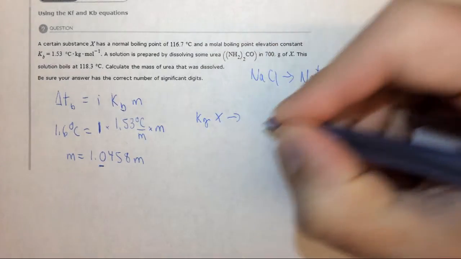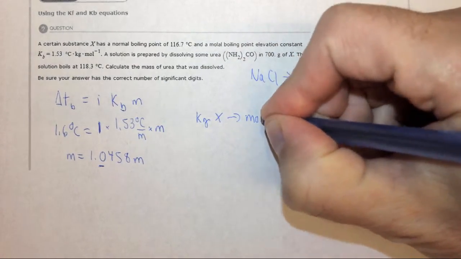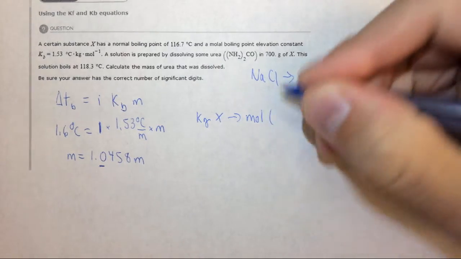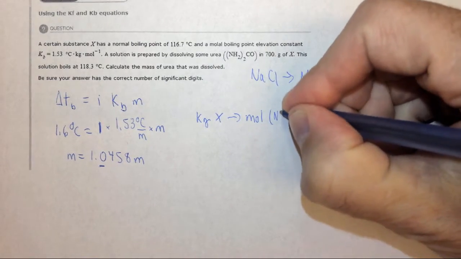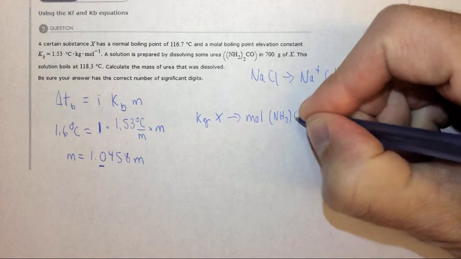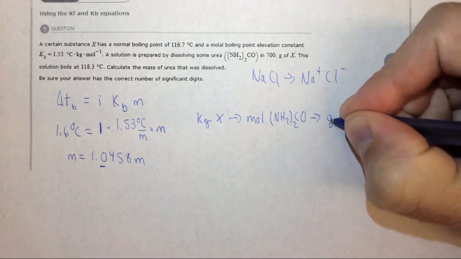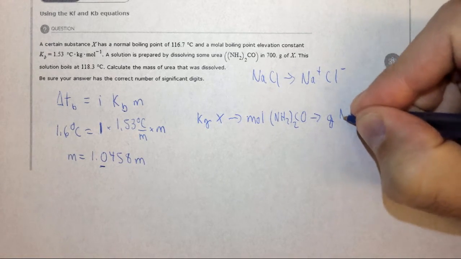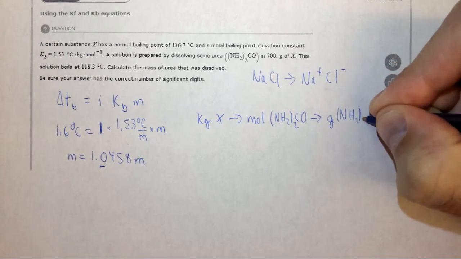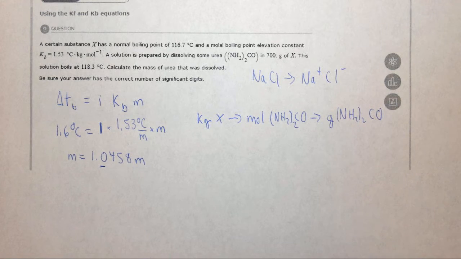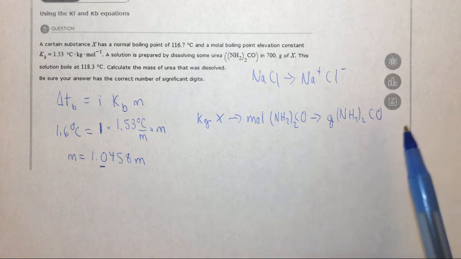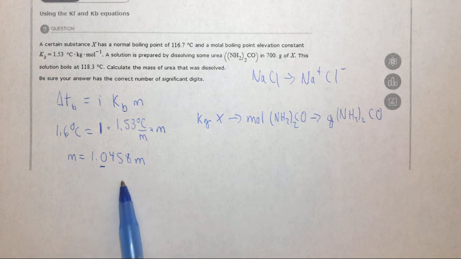We want to convert that to moles of the urea, which is (NH2)2CO, and then finally to grams of urea, which again is (NH2)2CO. So this is a dimensional analysis problem, except we're going to use a molality instead of a molarity.